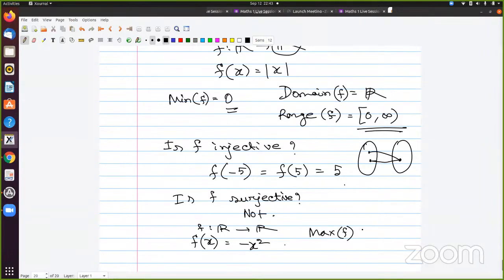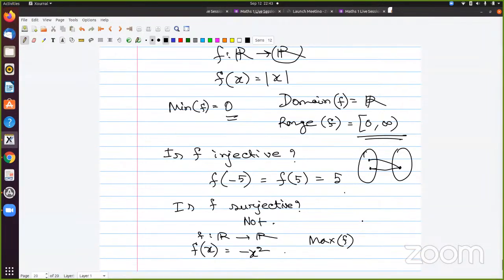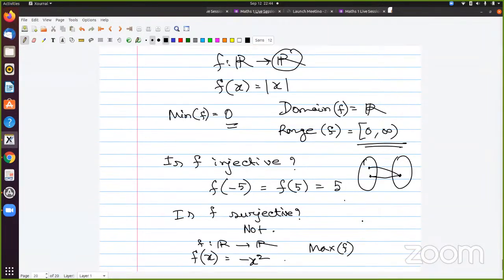Why is it not surjective, sir? Because for every value in the range there will be a value in the domain. Can -2 be an output? No, the range is only 0 to infinity.